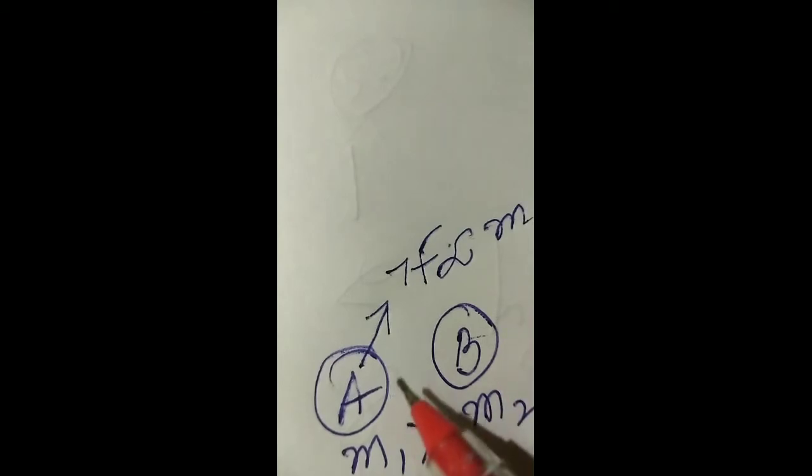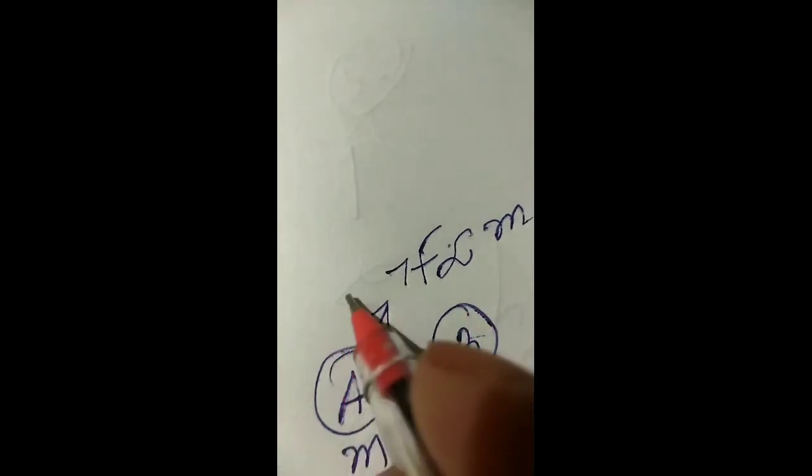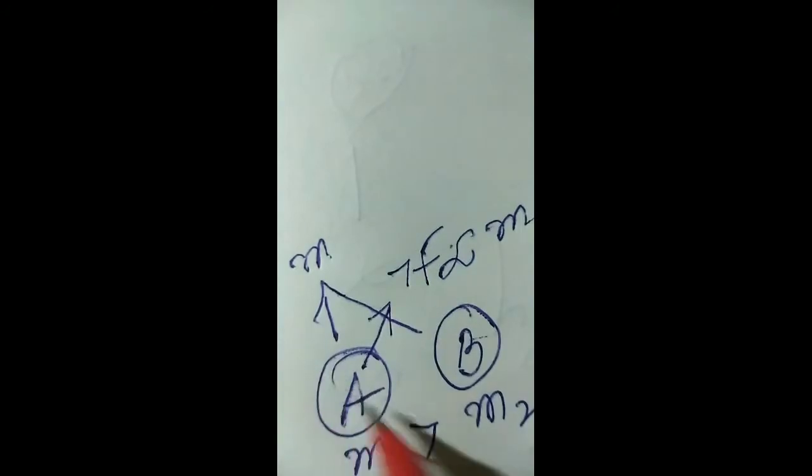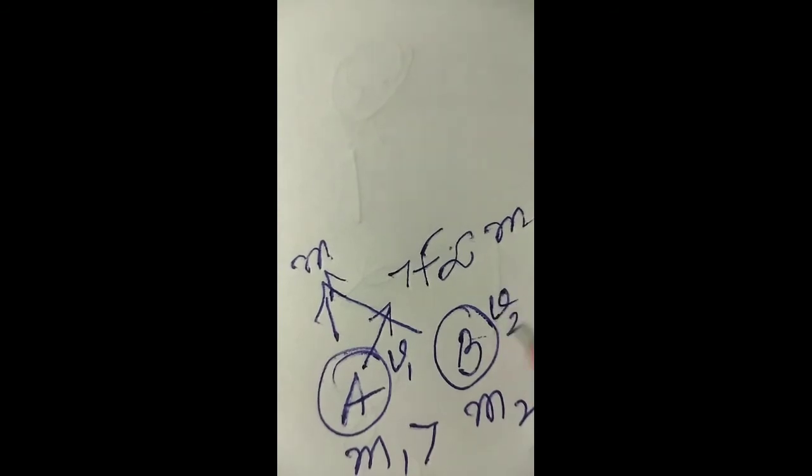Next, suppose both the bodies have the same mass, let the mass of these two bodies be m only. But they are moving with different velocities. Let the velocity of body A be v1 and of B be v2.